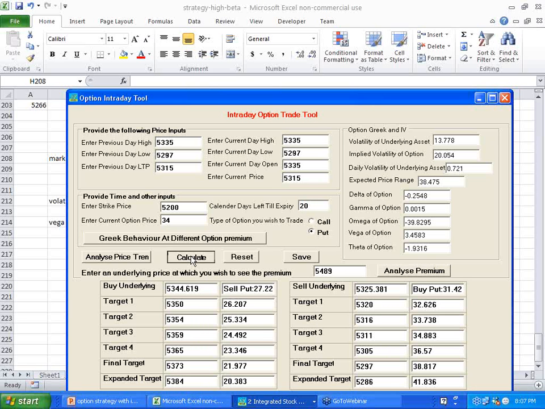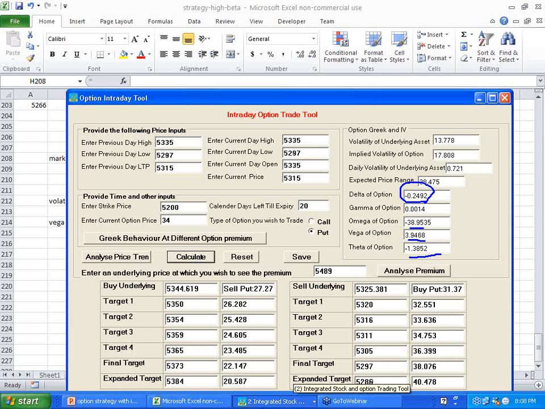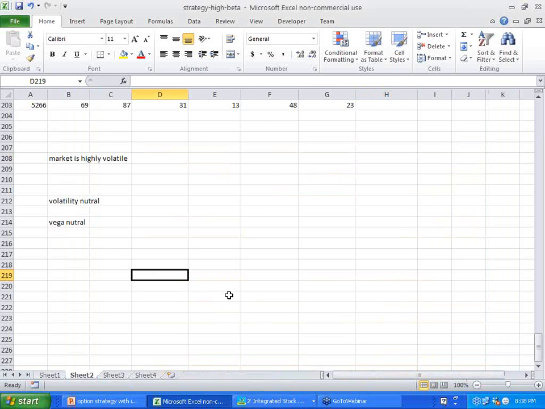If I press the button, it calculates and gives me specific values: delta is minus 0.2492, and gamma, Vega and theta also show some values. So let us consider the value of delta for the 5,200 put option, currently at 34.